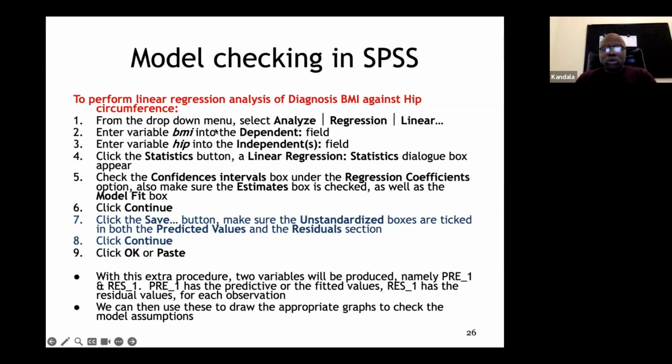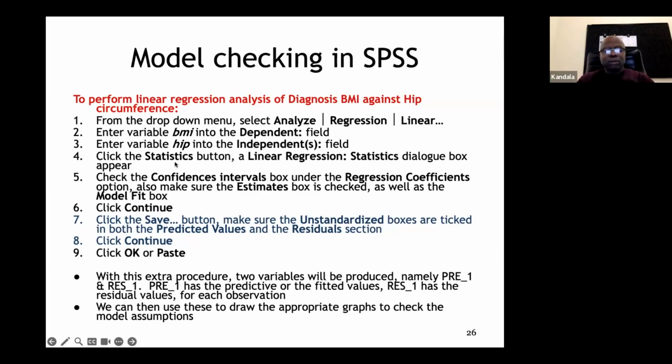For those who are familiar with SPSS, it's a menu-driven software. You go to Analyze, Regression, and then Linear Regression. You put your dependent variable, in our case BMI, and you also enter your independent variable, which is the IP.